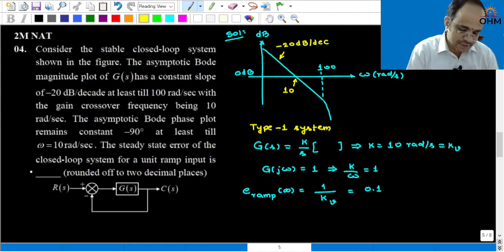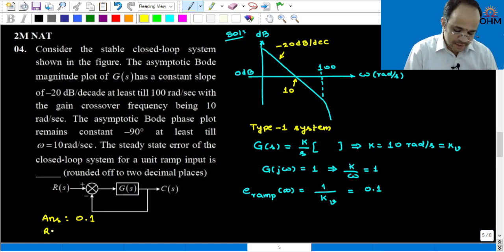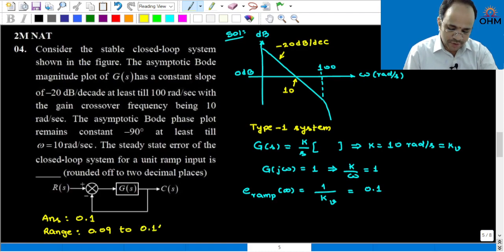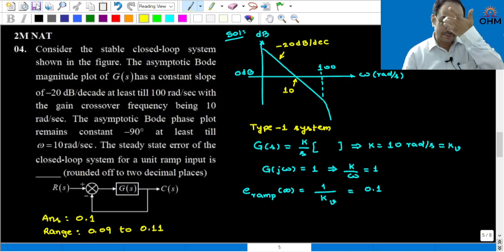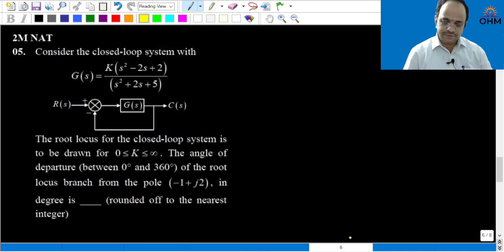For this question the correct answer will be 0.1, and as per the official key, any number you enter between 0.09 to 0.11 is considered a correct answer. Okay, let us move to the next question.